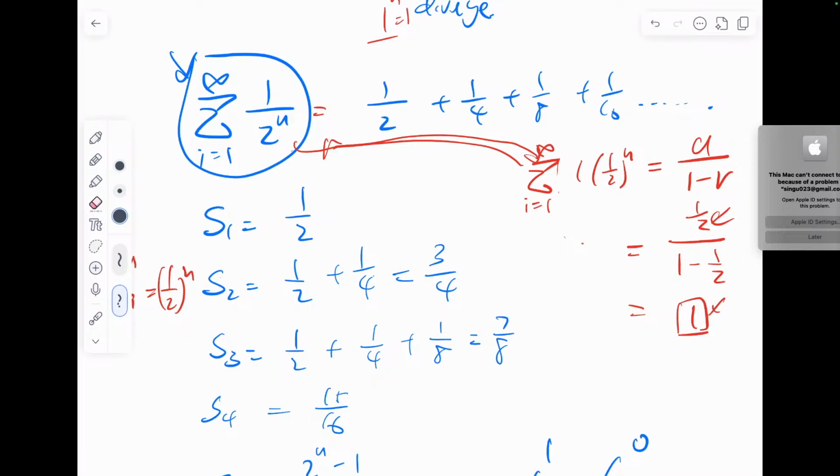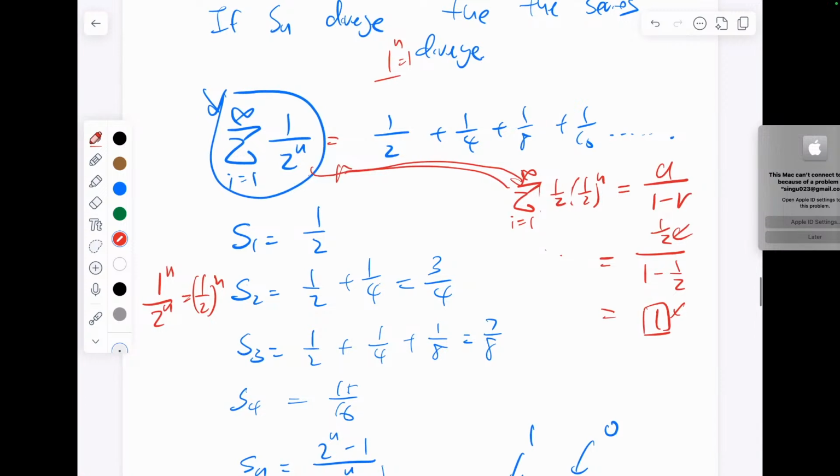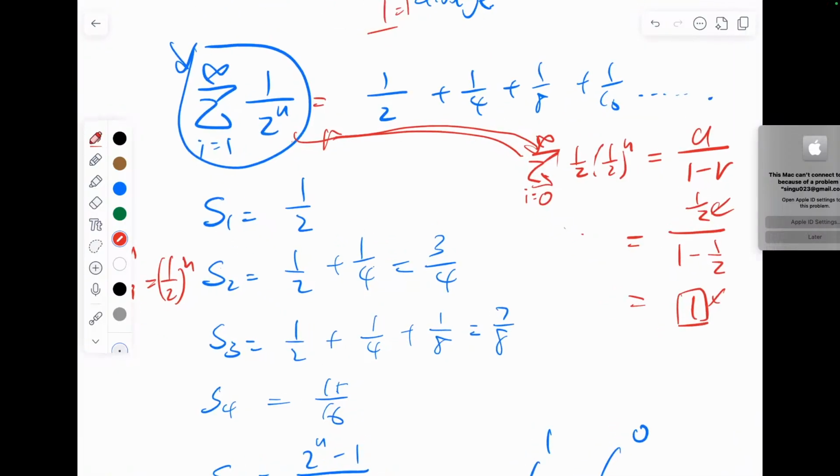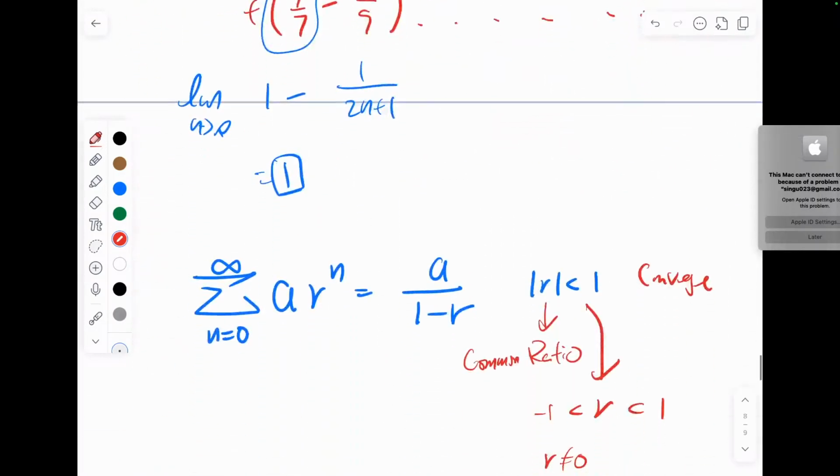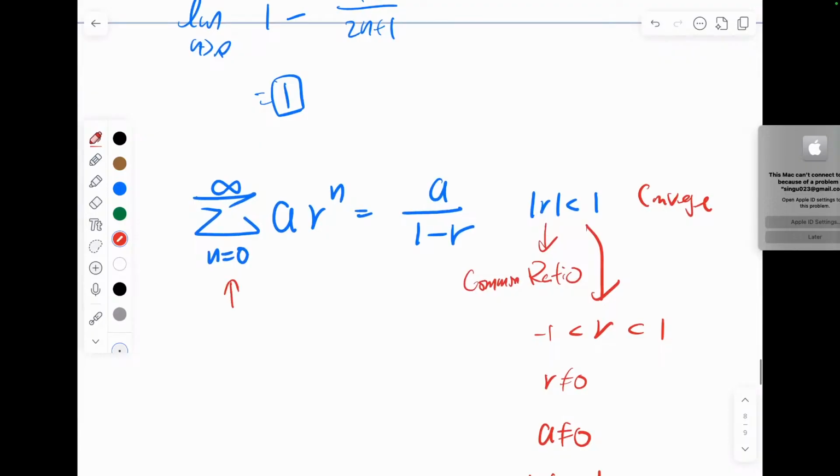Let's figure this out. So 1/2 to the 1/2, but this has to start at 0. No, so it's starting at 1. So n equal to 0. If you start at 0, then the 0 is going to be the first term, right? I forgot this part. So this has to be 0.